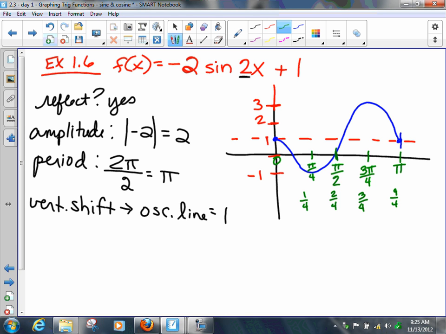Because half of pi is, and look at it this way. What is half of pi? Mathematically, how do I figure that out? 1/2 times pi over 1, which is pi over 2. Okay?